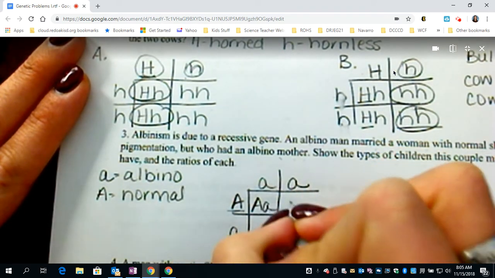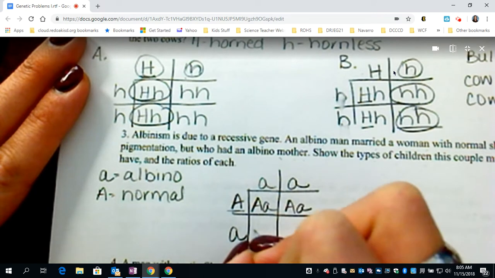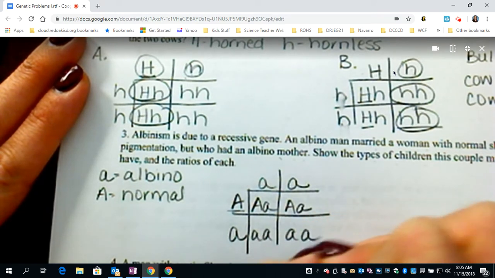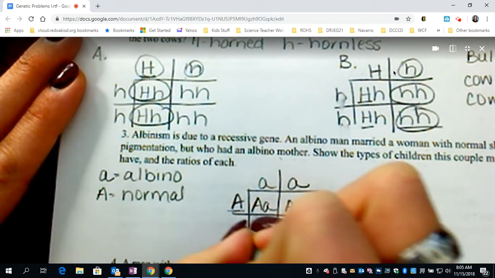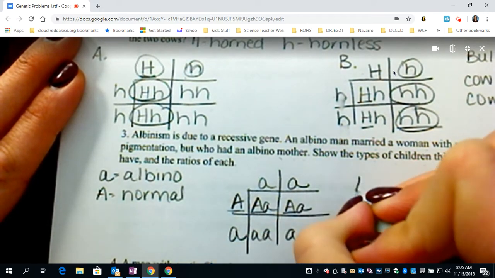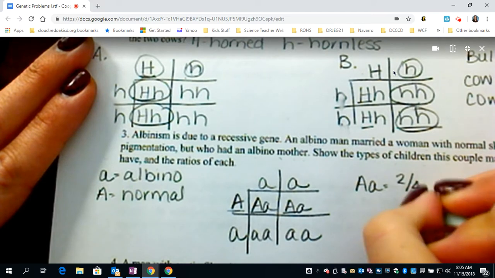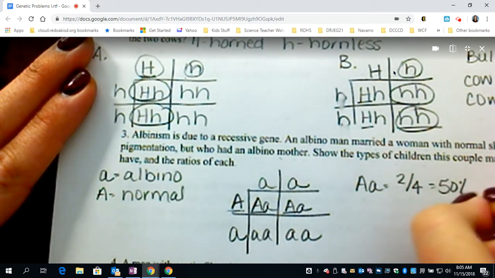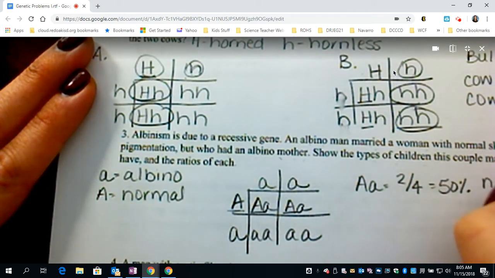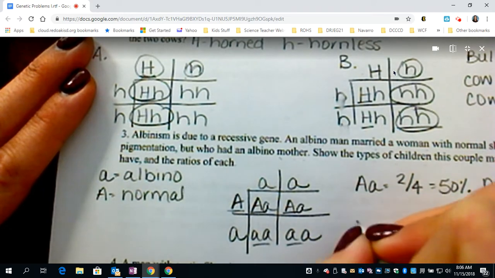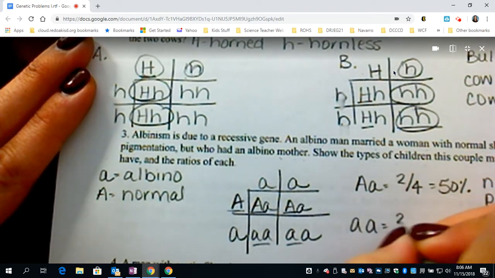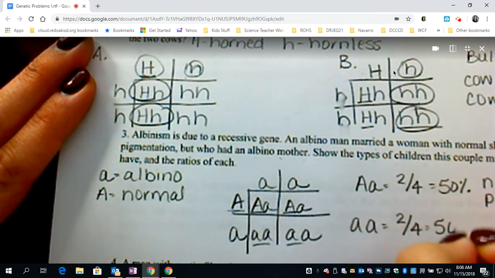So we cross it like we would normally cross it. Okay, and it looks like I would have 2 out of 4 or 50% chance of having a kid that had normal pigmentation, and a 50% chance of having a kid that was albino.